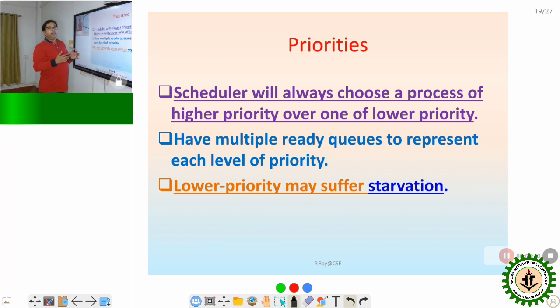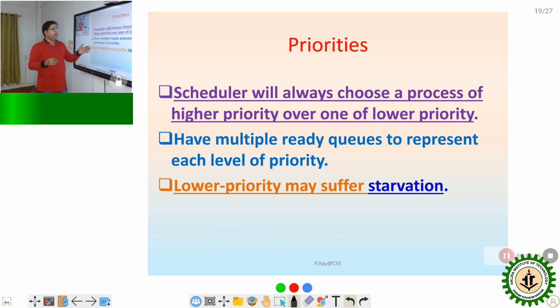Priorities: another important topic. When we have a scheduler, the scheduler selects the job or the process according to their priorities. The scheduler will always choose a process of higher priority over one of lower priority. That means a higher priority job gets placed first, then the lower priority job. So there are multiple ready queues to represent each level of priority, and the lower priority may suffer starvation.